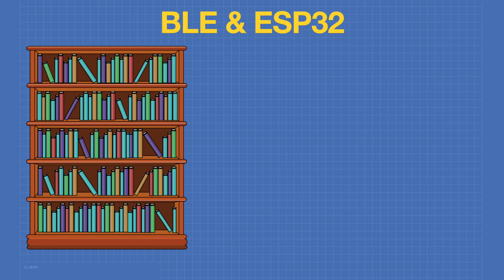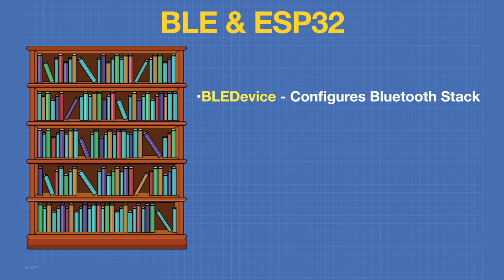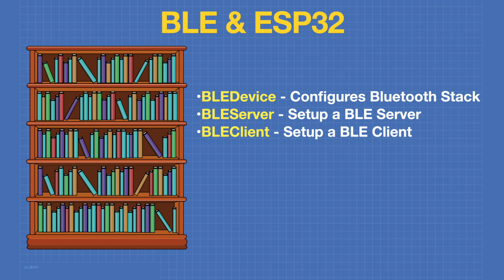The ESP32 has a number of different libraries exclusively for working with BLE. The BLE Device library initializes and configures the Bluetooth stack. The BLE Server library lets you set up a BLE server to which you can add services, characteristics, and descriptors. The BLE Client library performs the same function for a BLE client.